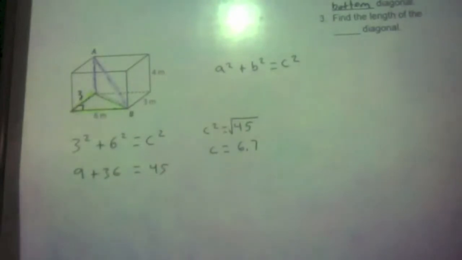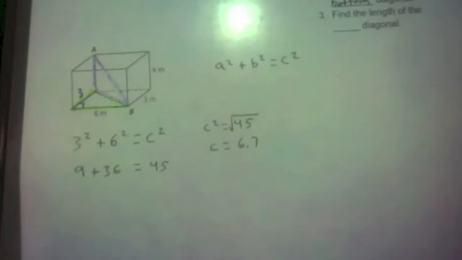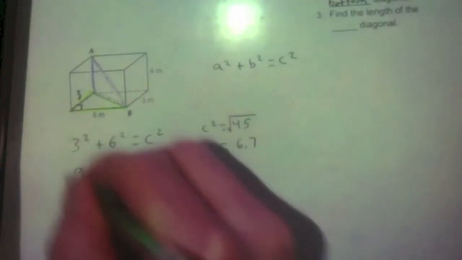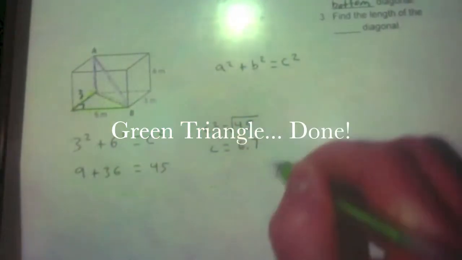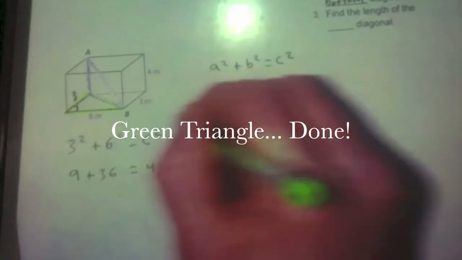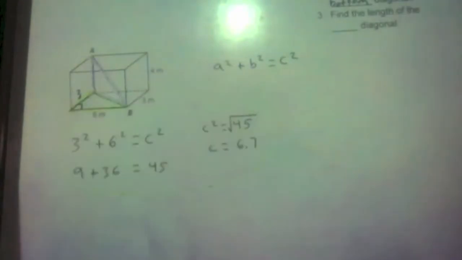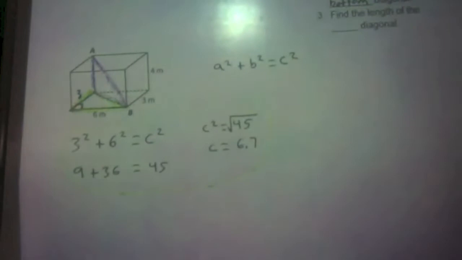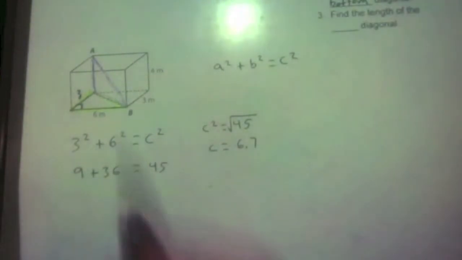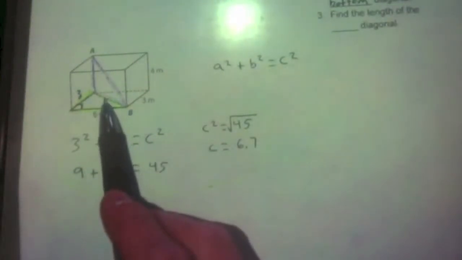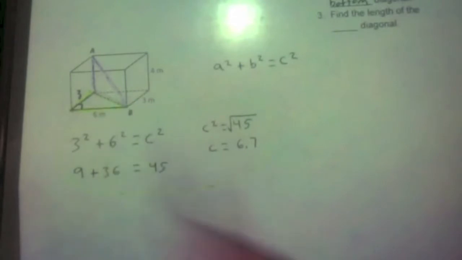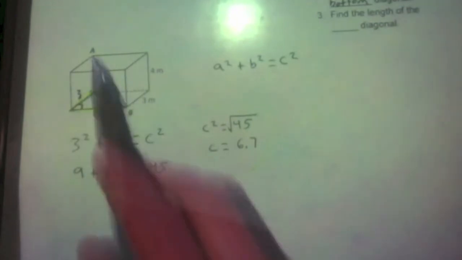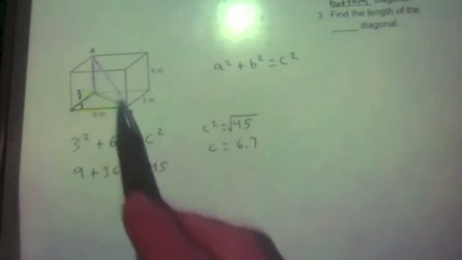All right, so we just worked out the bottom triangle, our green triangle. I'll circle it in green to show that that's the triangle we worked out. And we found this missing side right here. We needed that missing side because we're going to use this 6.7 to help us find the length of this diagonal.